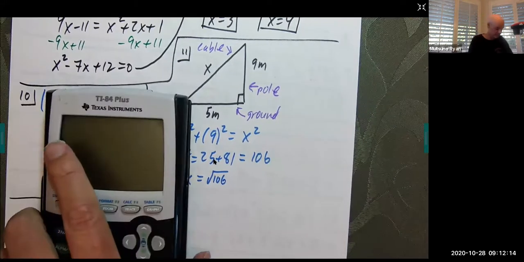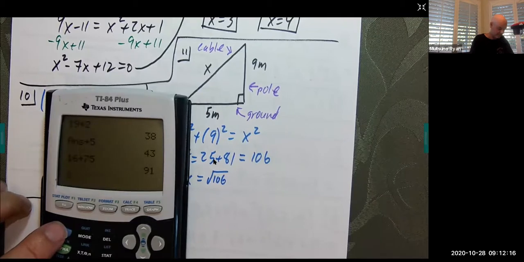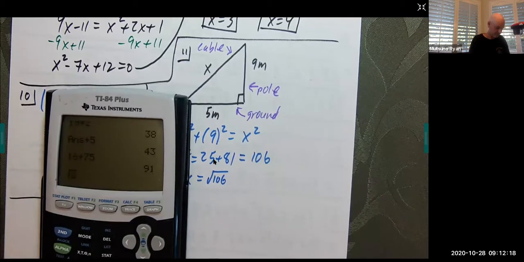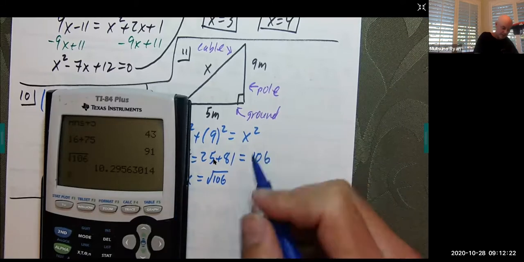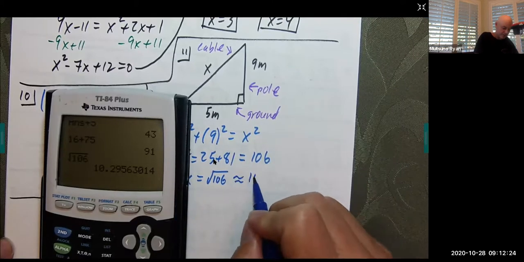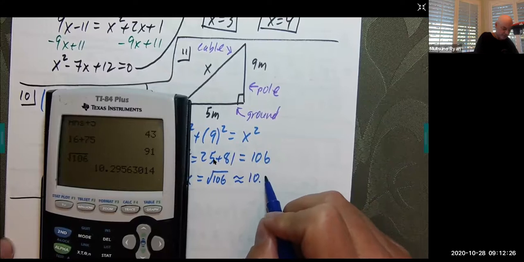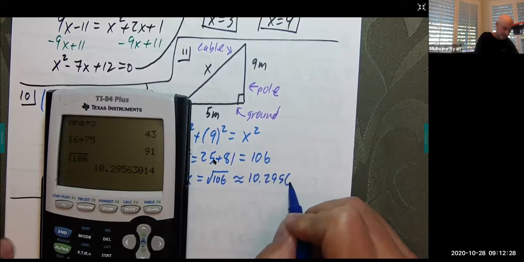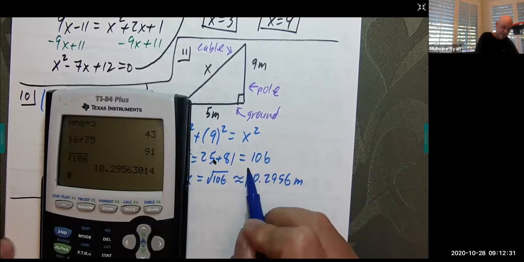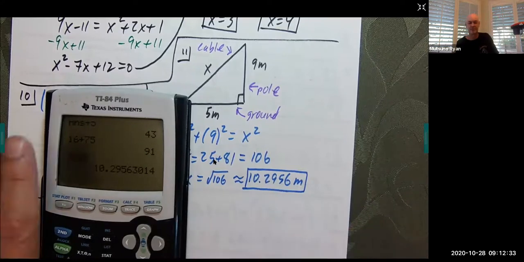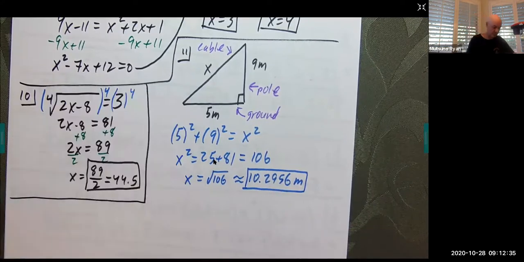I do want to do the square root of 106. And that is about 10.2956 meters. The problem doesn't say how many digits to go to, so I went to 4, just in case.